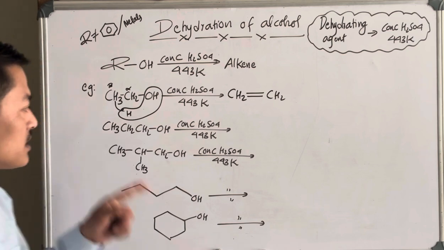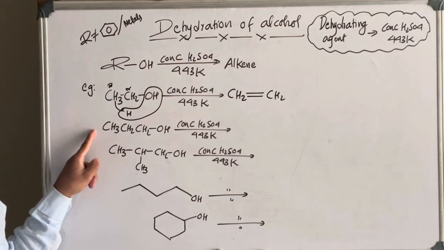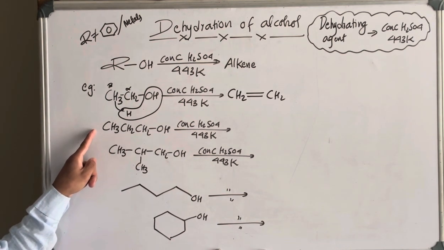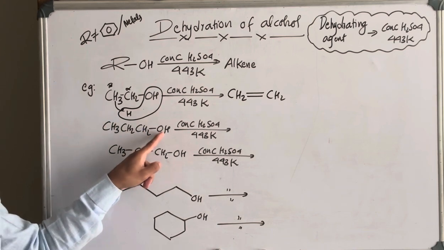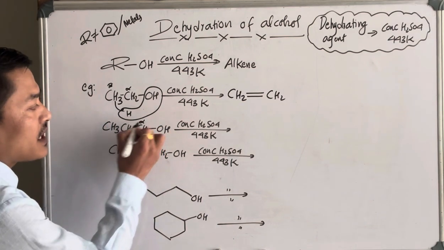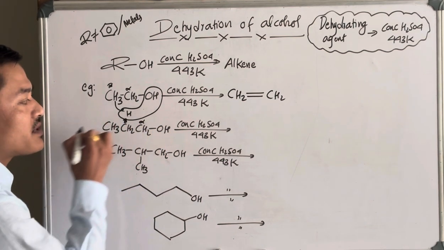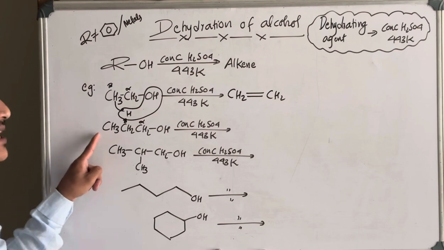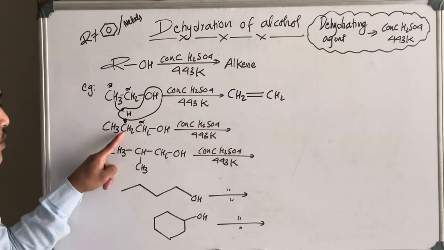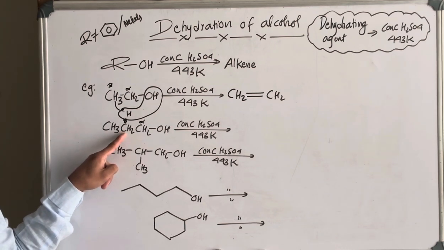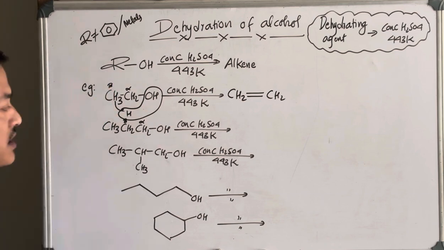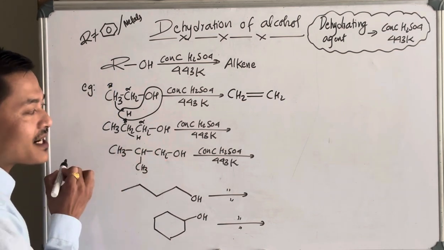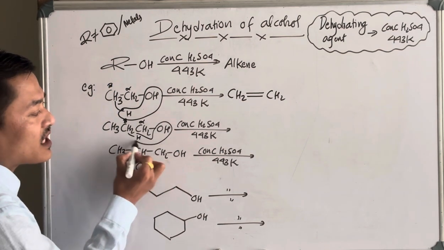Similarly, this is propan-1-ol. OH is attached to the alpha carbon, and that alpha carbon is attached to the beta carbon. Other carbons are referred to as gamma carbon, delta carbon and so on, but we don't have to deal with those. We are only concerned with the beta carbon. Just like in the above case, you remove one hydrogen from the beta carbon and the OH from the alpha carbon.